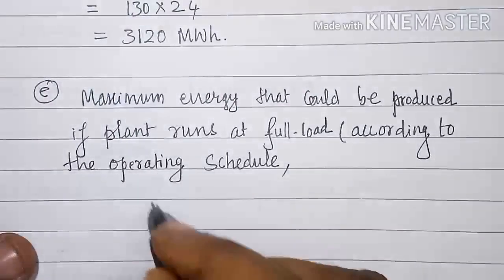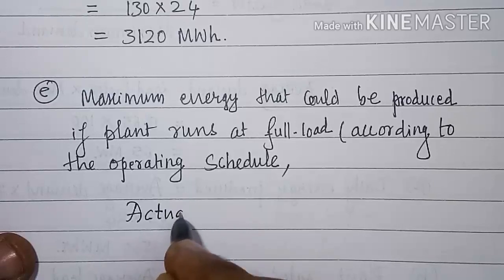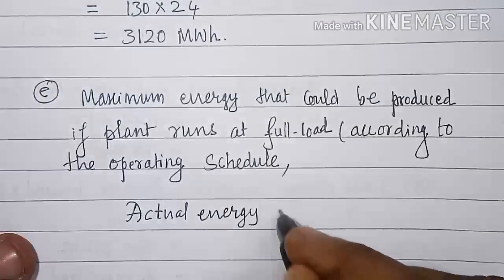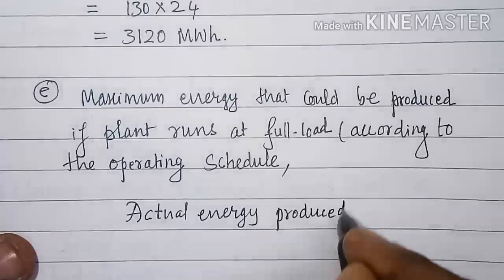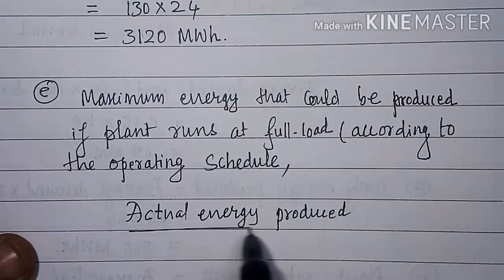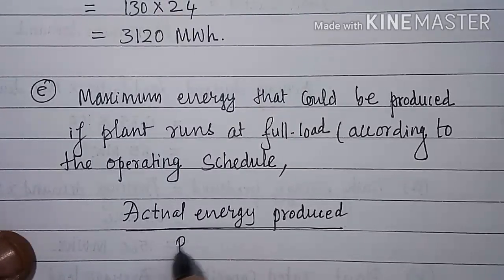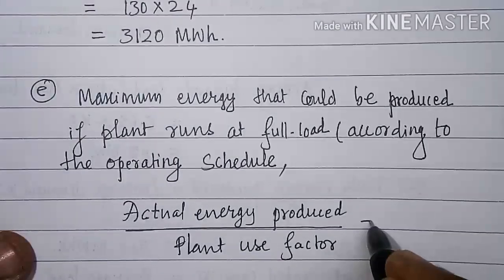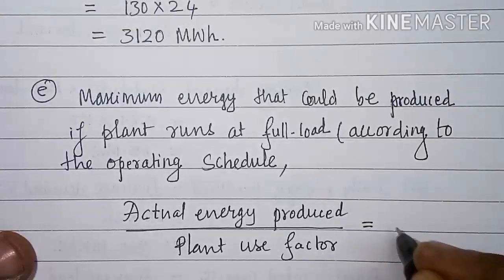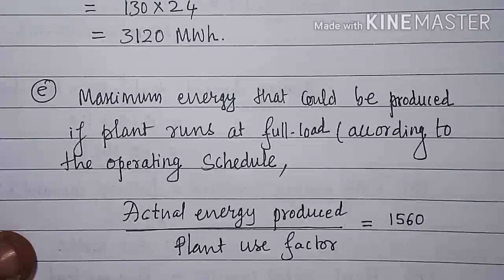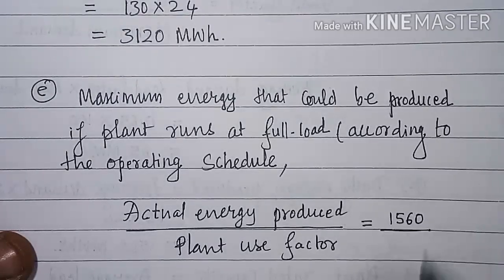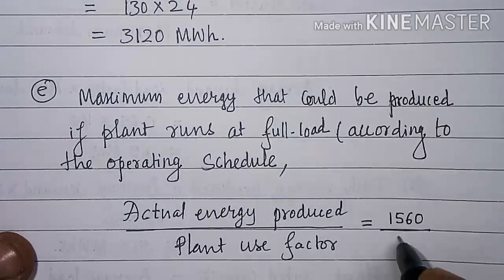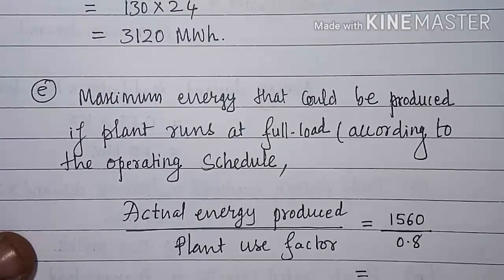This is equal to actual energy produced by plant use factor, that is equal to 1560 divided by plant use factor, which is 80%, that means 0.80 or 0.8.